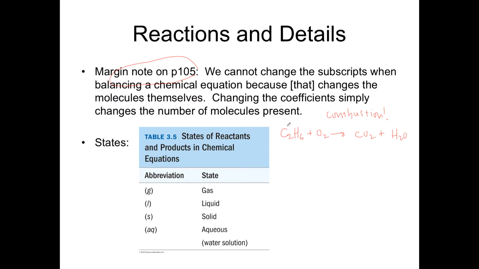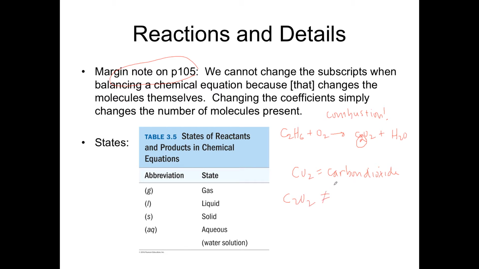So what we would do here is say 2 carbons here and a carbon there. What would be a wrong thing to do? There's only 1 over here and 2 over here. What would be wrong is to change that subscript. You see that? Because CO2 is carbon dioxide.